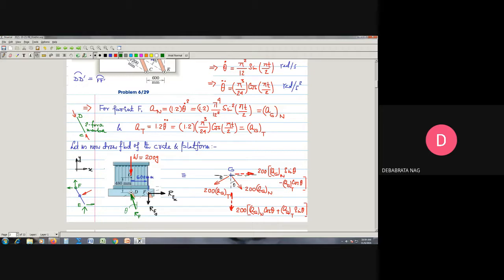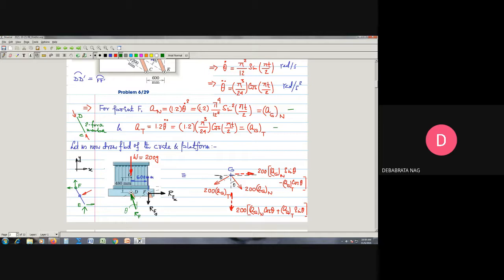This is the normal component of acceleration. We have already calculated this AGN and this AGT here. So use them to calculate this force, which must be equal to 200 AGN, and this must be equal to 200 AGT.